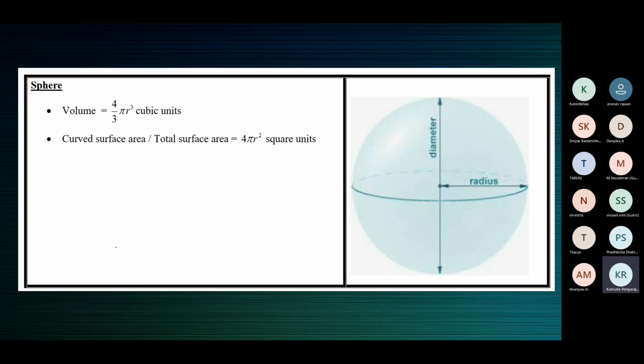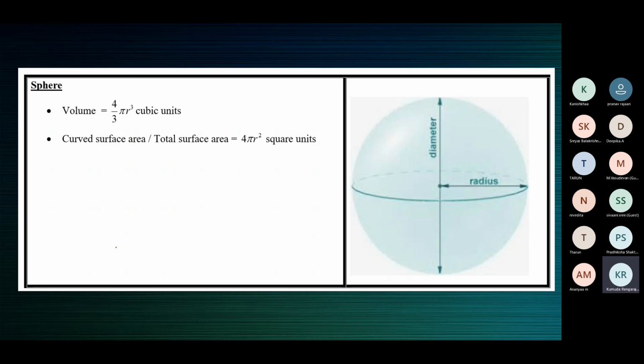Sphere. Anything spherical is called a sphere. For a sphere, you cannot differentiate between the curved surface area and the total surface area.